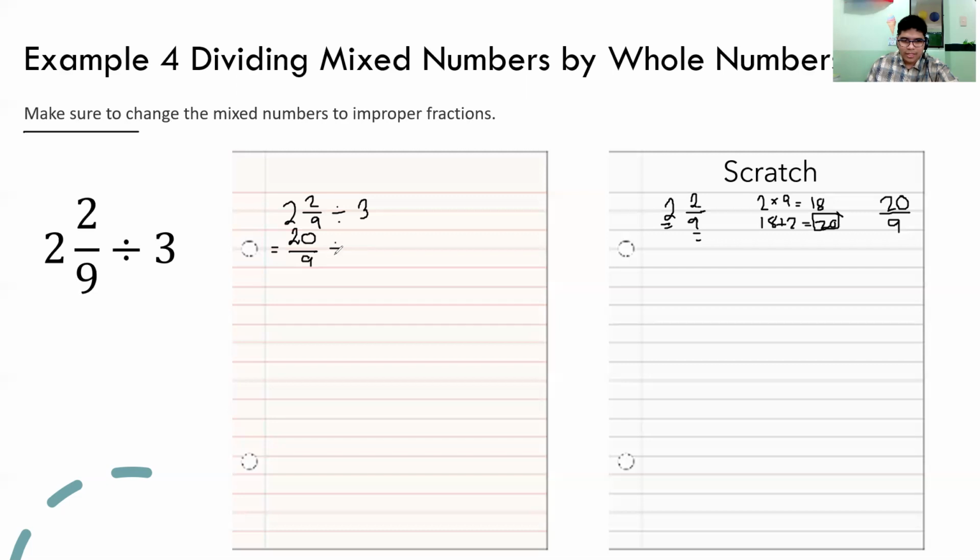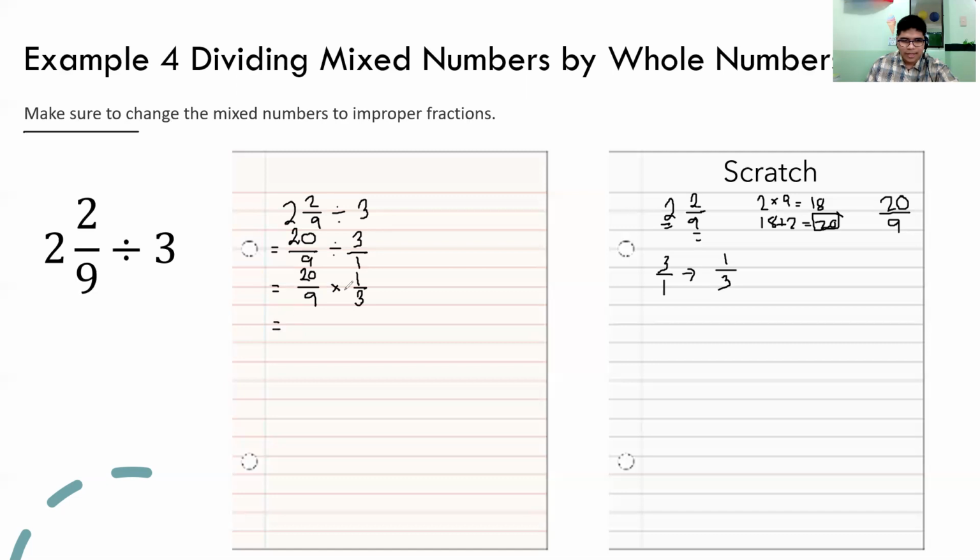So 3 is just 3 over 1. As we said before, whole numbers have 1 as the denominator. And now we want to get the reciprocal of 3 over 1, which is simply 1/3. So we'll have 20 over 9 multiplied to 1/3. Again, when you get the reciprocal, that's the time that the division will become multiplication. So it's important that you don't skip steps.